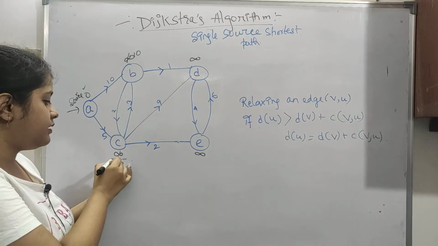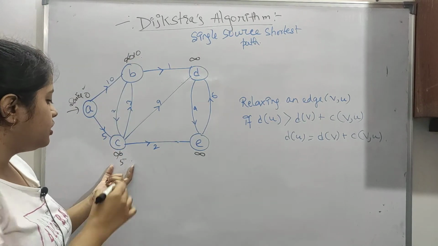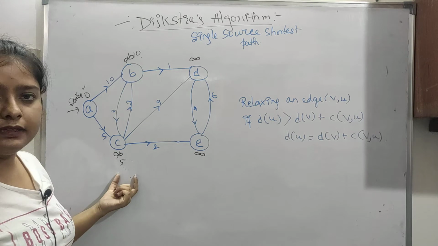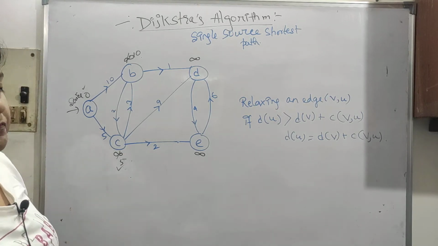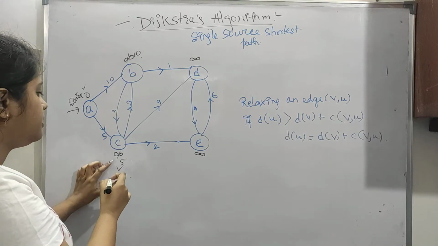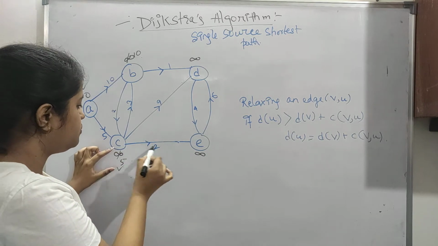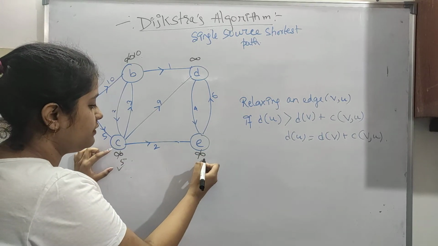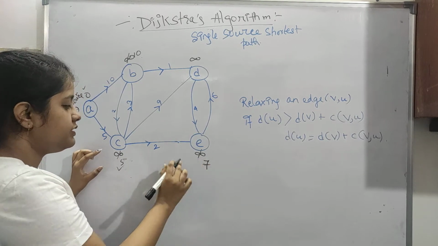B's value is 10 and C's value is 5, so C is the lowest one, so we take C. Now from C we again do this relaxing of edges. Let's see the outgoing paths from C. One edge is 2, so 5 plus 2 is 7, so infinity is changed to 7.